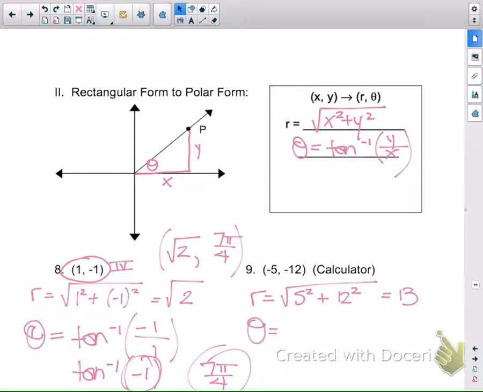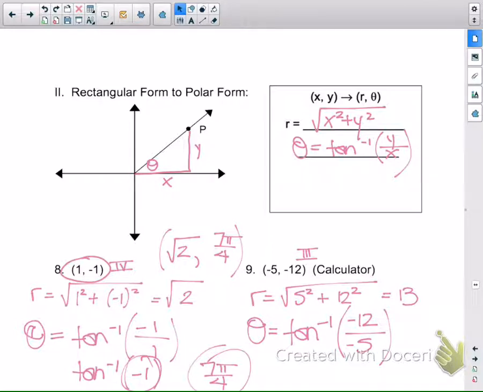To do my theta, I'm going to do the inverse tangent of what? -12 over -5. Quick mental check. What quadrant are we in? 3.